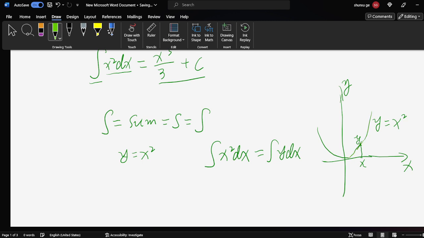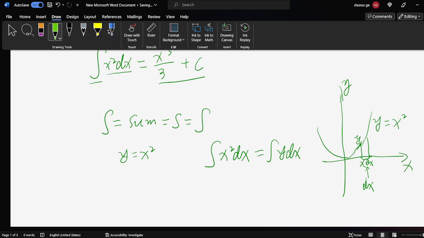Okay, the graph is still here, but I take a little bigger size. For example, this part is called dx. We take a very short side dx. dx times this function value, y equal x squared. We input some x, we get y.